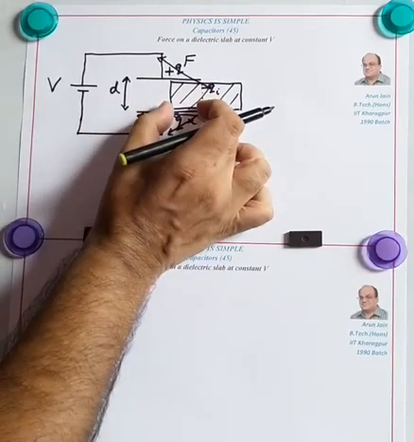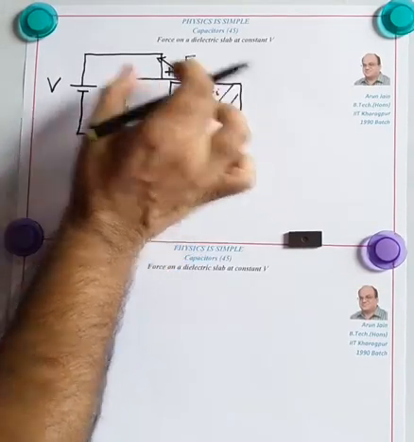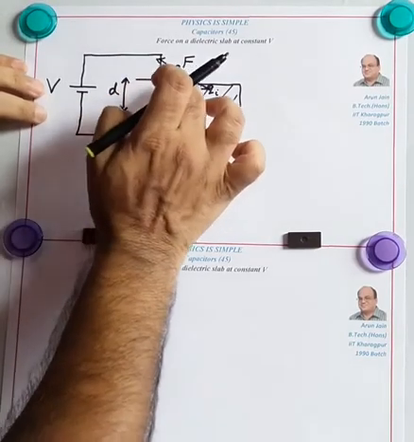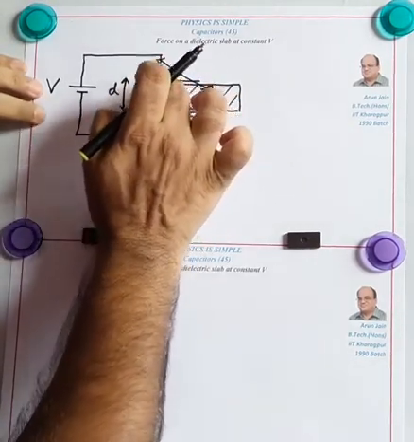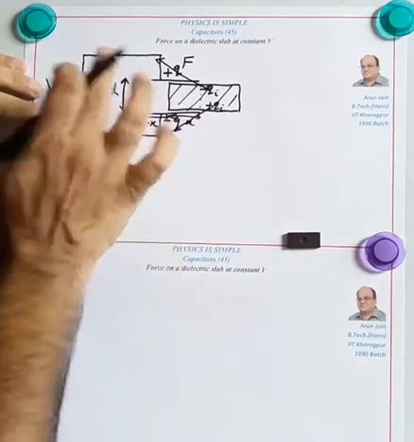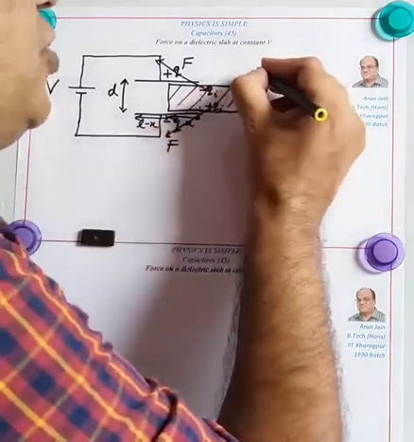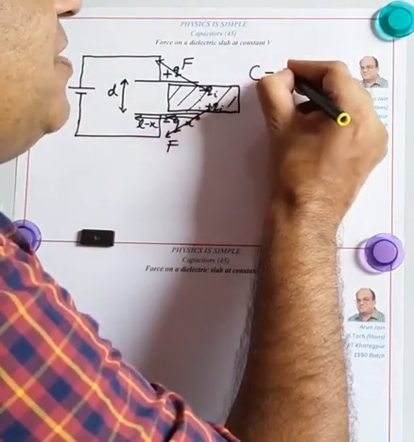So X length of the dielectric is inside the capacitor, and therefore this is one capacitor, this is an air filled capacitor, the other one, and both these capacitors are in parallel. The equivalent capacitance therefore will be C1 plus C2.